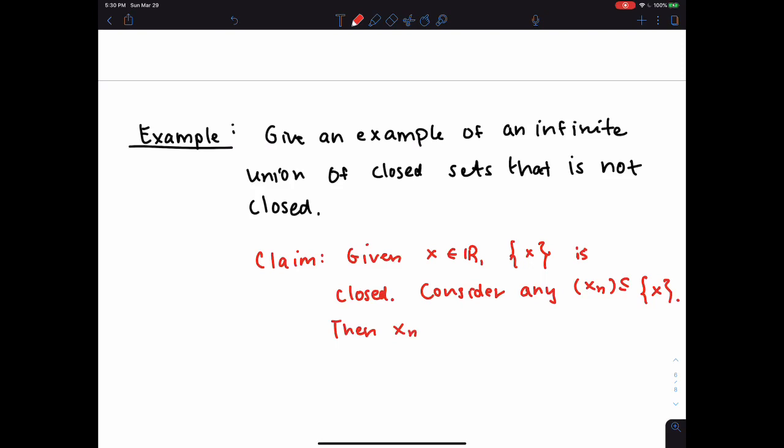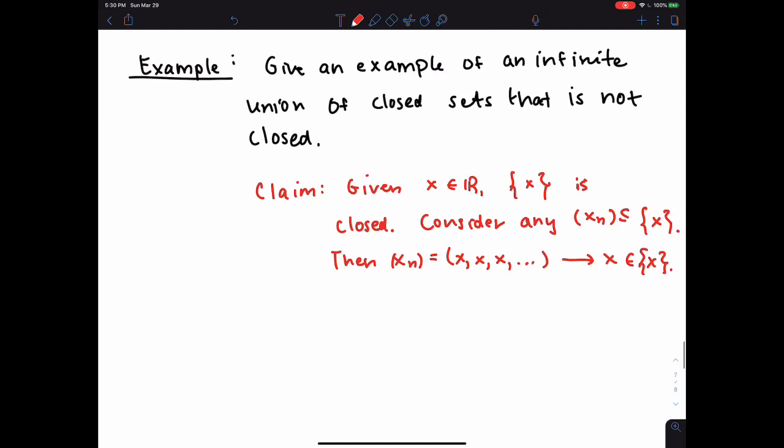The only type of sequence that you can generate from this set is the constant sequence of x itself, because you only have one choice for what point you put in the sequence. So this converges to x, which is certainly in the set {x}.